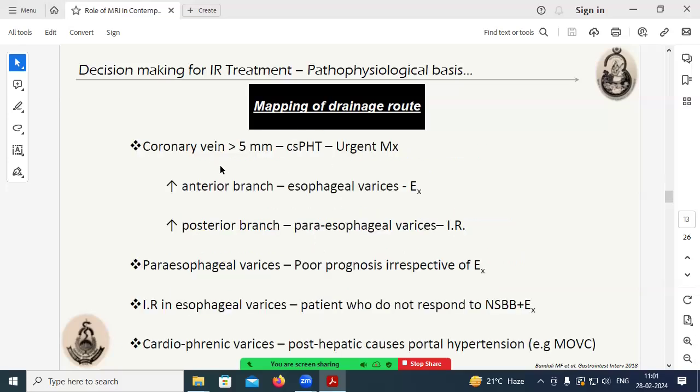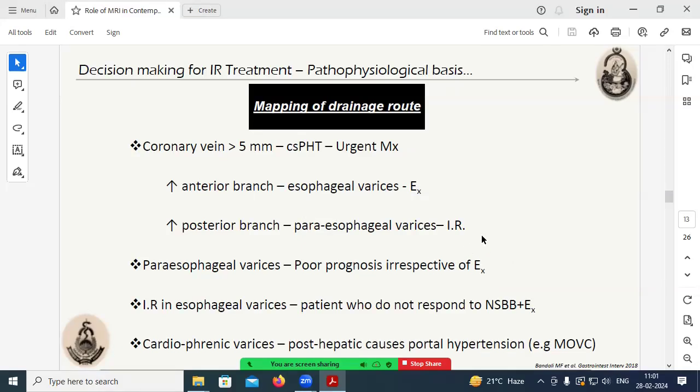And just as an example, if we have a coronary vein which is significantly dilated, that's an indication for urgent management. If the anterior branch is involved, then obviously the esophageal varices will be more prominent and an endoscopist would get the preference for managing initially. But if the posterior branch is leading to paraesophageal varices, which are quite nasty for bleeding, in those cases you'll have to perform an IR procedure.